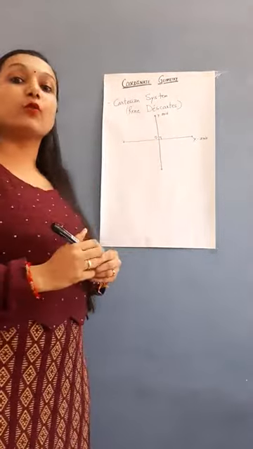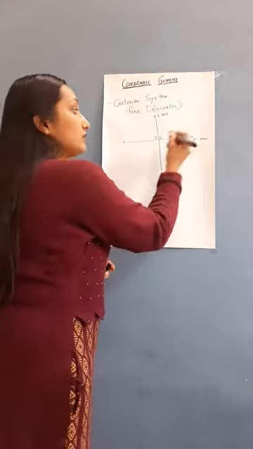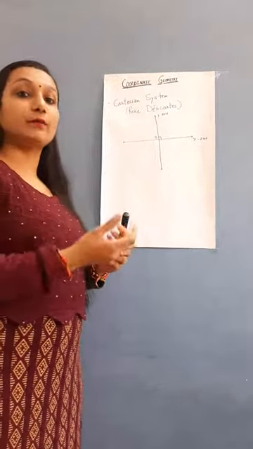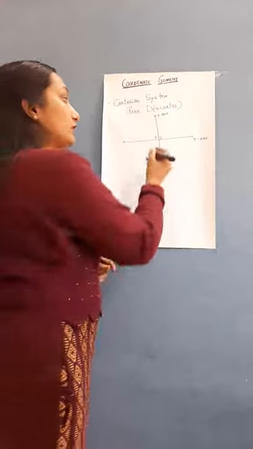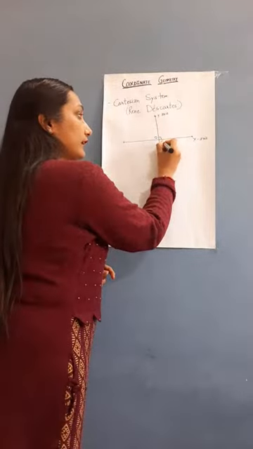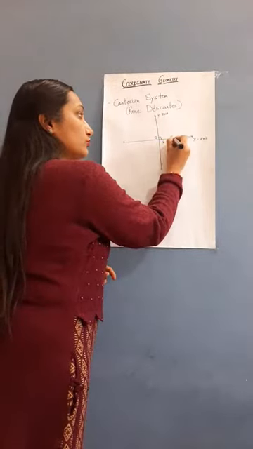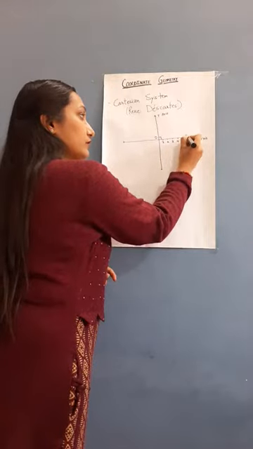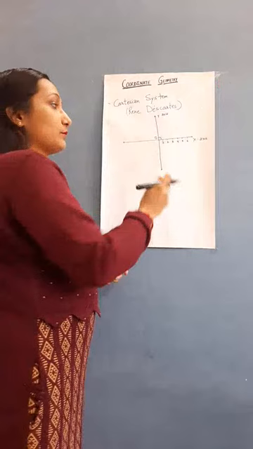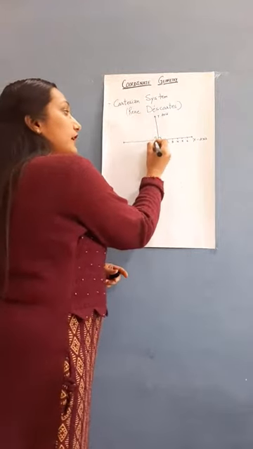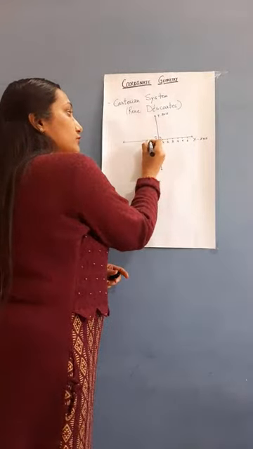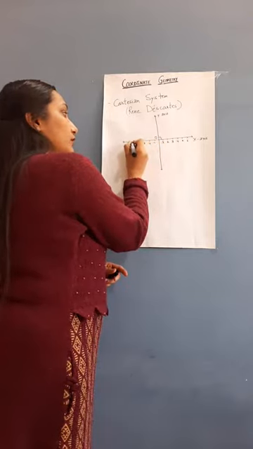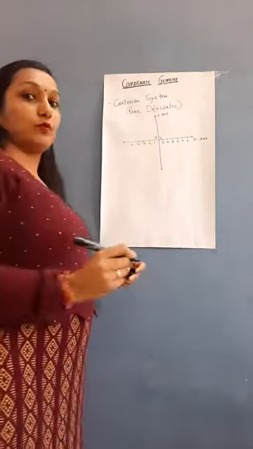This O is the origin. The x-axis and y-axis are nothing else but our common number line which we have already studied. So our number line is like this: 1, 2, 3, 4, 5, 6 and so on. Similarly, on the left hand side it will be negative: -1, -2, -3, -4, -5 and so on.